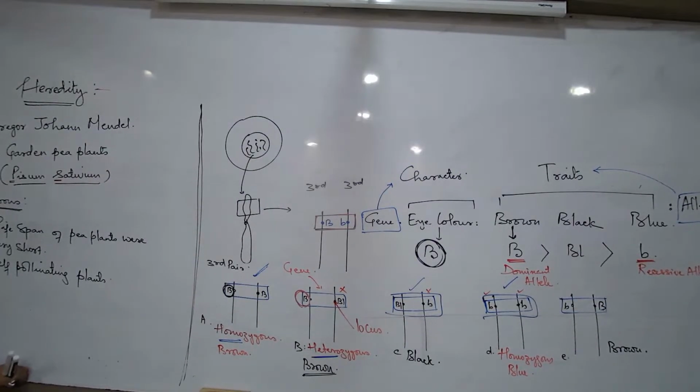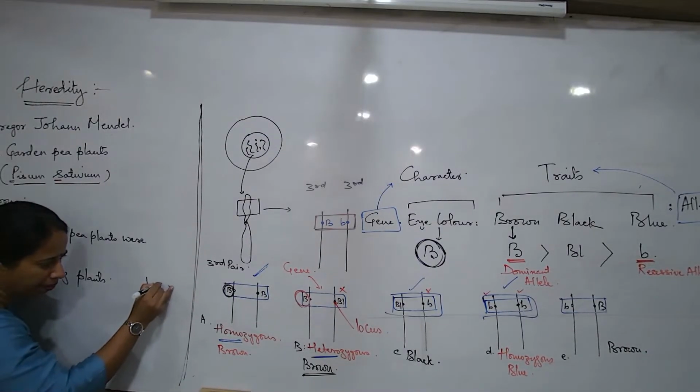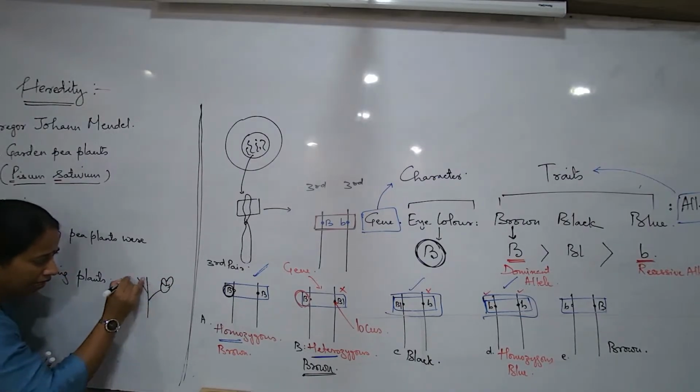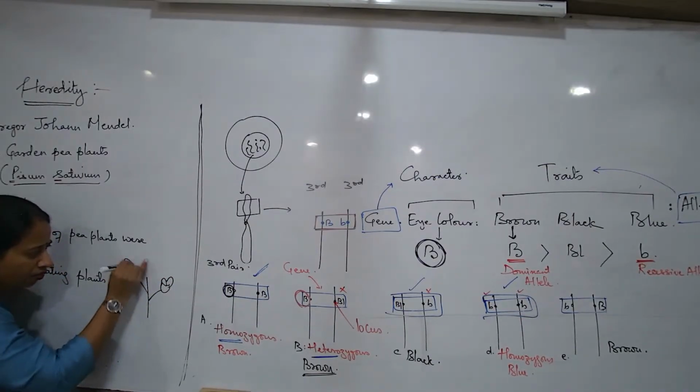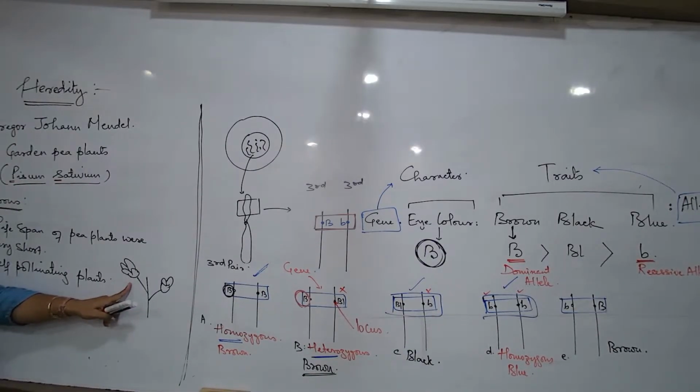Pollen grains. Now that I speak on self-pollination, suppose I talk about a plant, and these are the flowers of this plant. Two flowers, same plant. This plant has the male parts, pollen grains, and the female parts, stigma, style, ovary, it has those too.